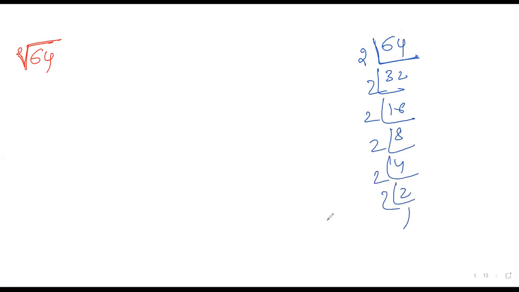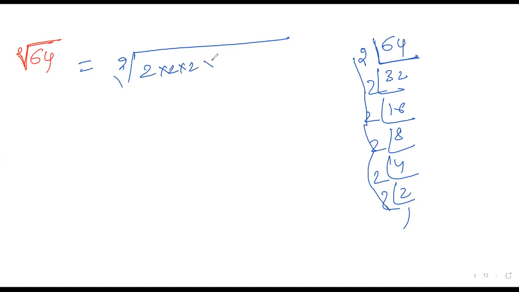Am I clear? So you have to write down the multiples for the square root of 64: 2 into 2 into 2 into 2 into 2 into 2. Like this we have six 2s.